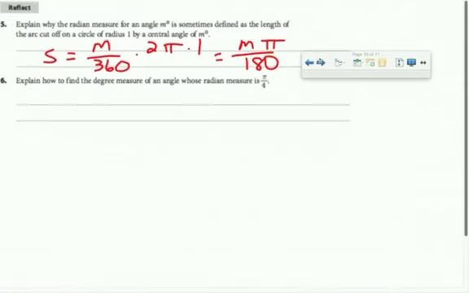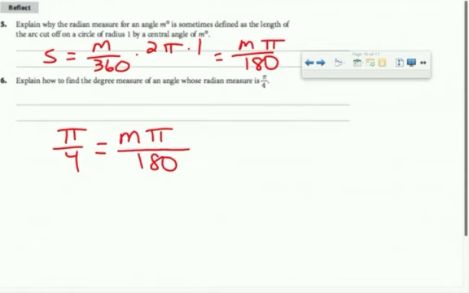Explain how to find the degree measure of an angle whose radian measure is pi over 4. Well, pi over 4 would equal m pi over 180. And I'm trying to find m, which is the degree measure for the angle.